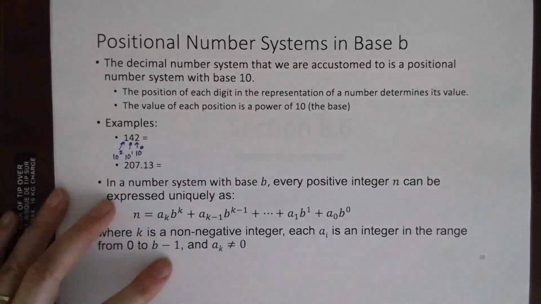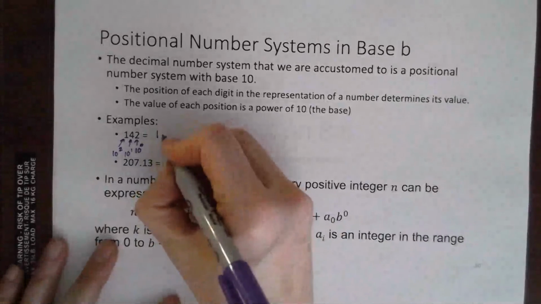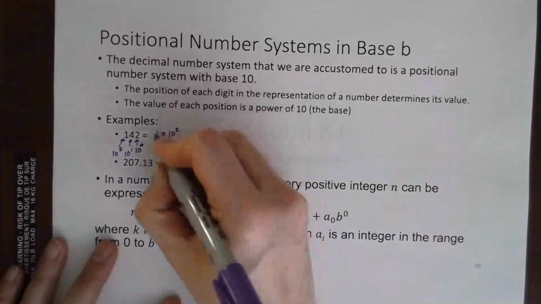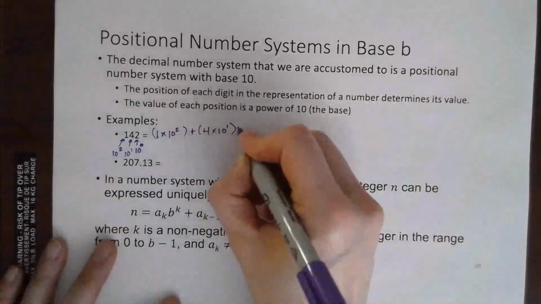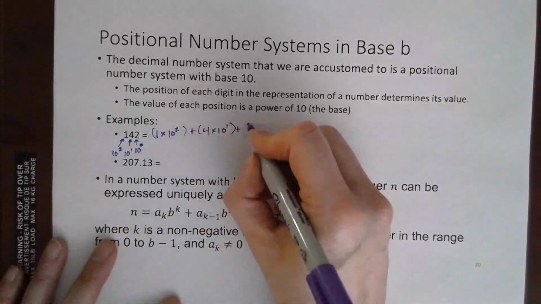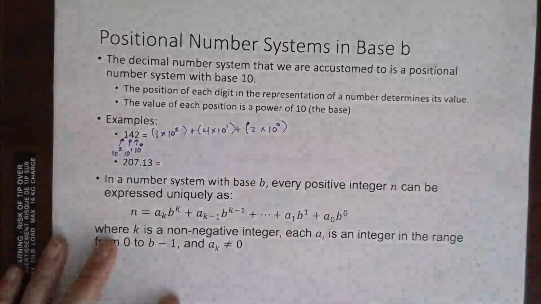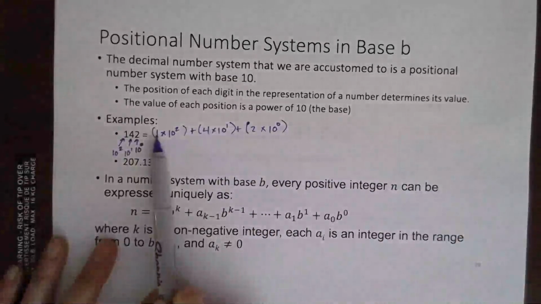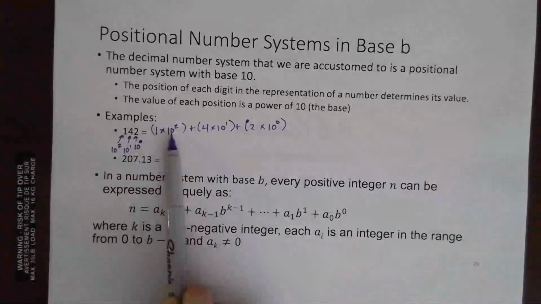So if we were going to figure out how much this sequence of digits was worth, we would take 1 and multiply it by 10 squared, then add on 4 times 10 to the first, and then add on 2 times 10 to the 0. We do each digit times whatever the weight of its position is.